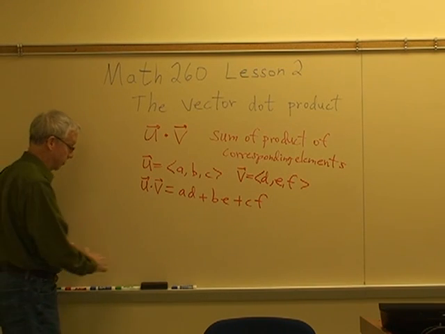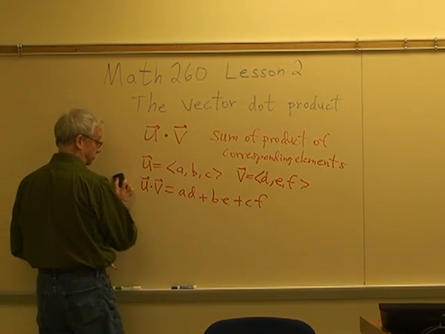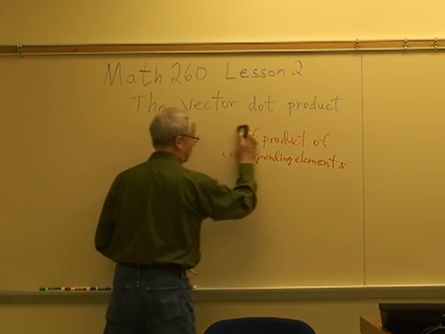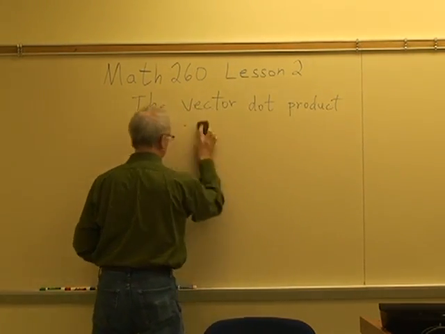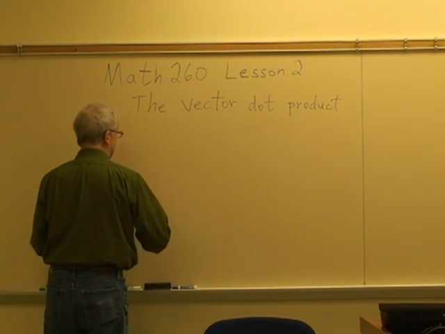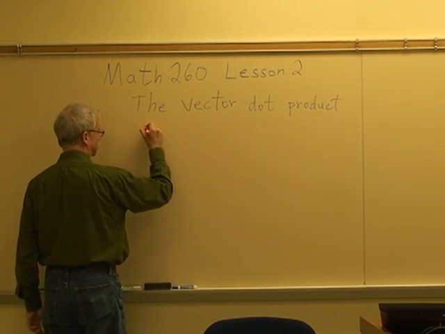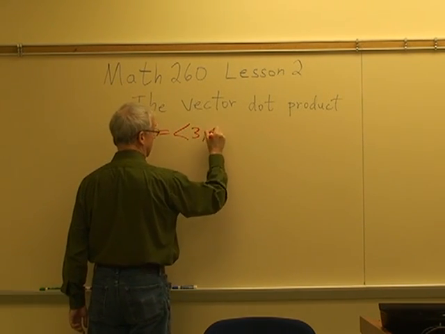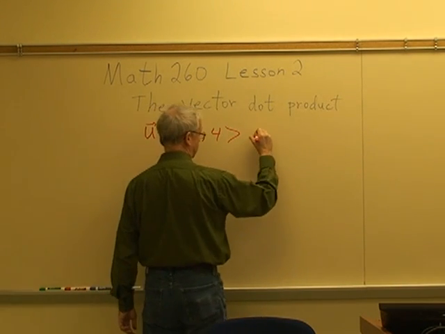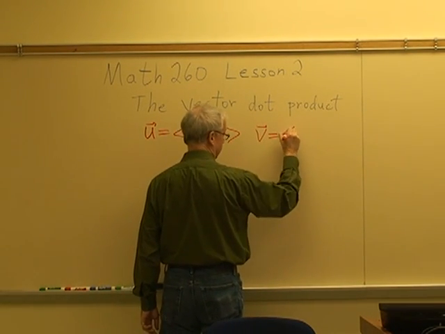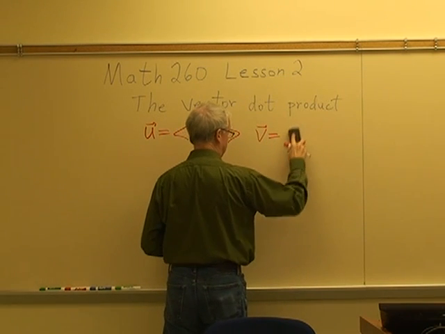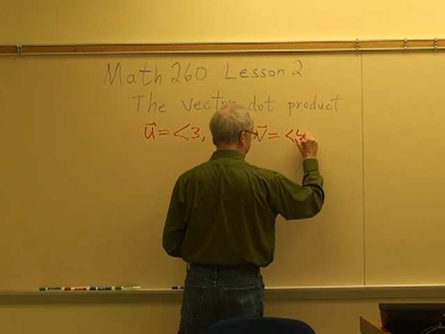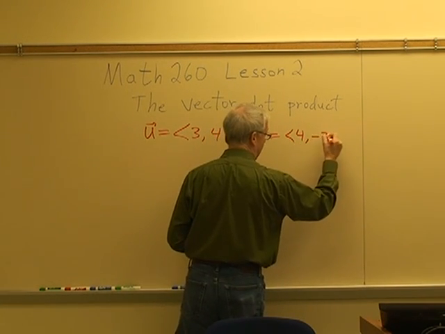So let's look at a couple of examples of computing dot products. Let's do one in 2 dimensions. So U is the vector with elements 3, 4, and V is the vector with elements 4 and minus 3.